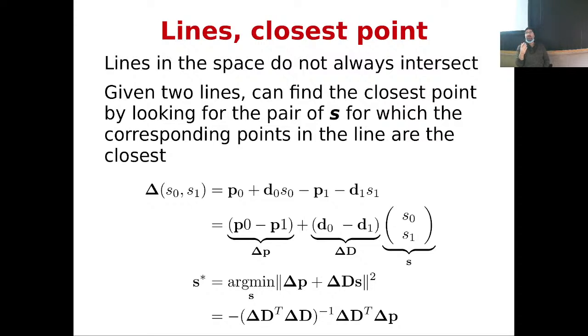Intuitively, we could have a direct procedure, which would consist of calculating, given two lines, the direction which is orthogonal to both. The direction which is orthogonal to both is this. And being orthogonal, it guarantees that this will be the direction on which the two lines have the minimum distance.